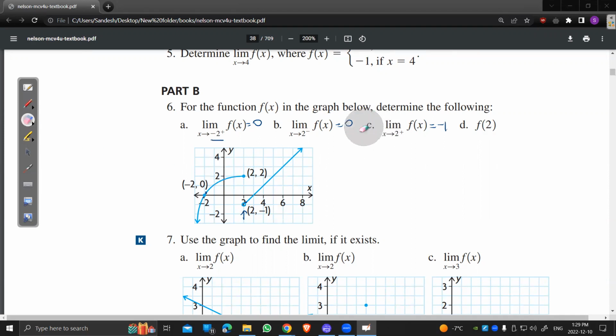What's f of 2? This last question has nothing to do with limits. It's asking when the x value is 2, what's the y value? Look at this. This point is inclusive, right? So when the x value is 2, the y value is also 2. Does the limit exist at -2?